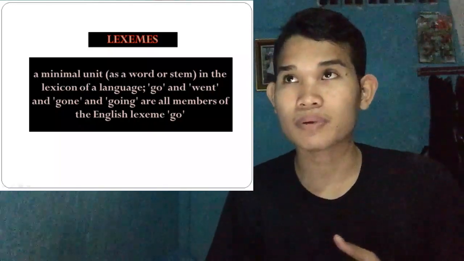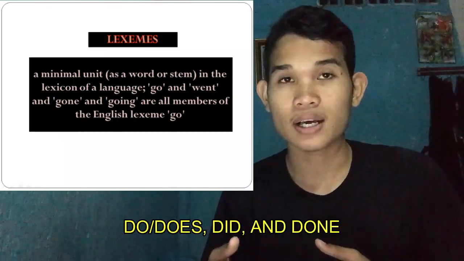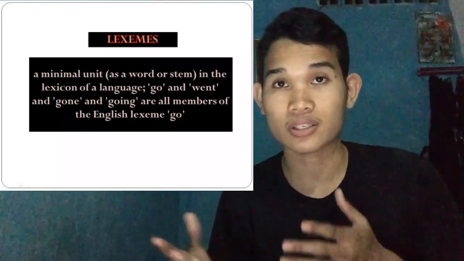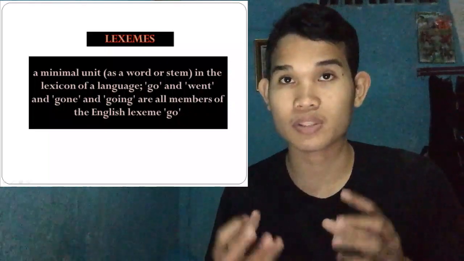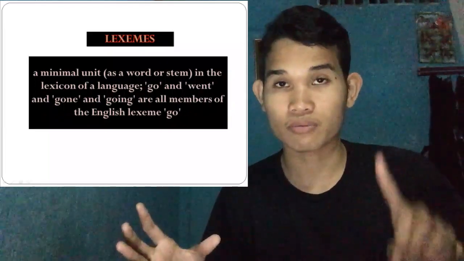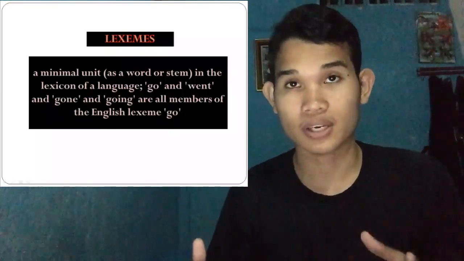For another example, do, does, did and also done. So we can say that a lexeme is about the changing of a verb from verb 1 to verb 2 and to verb 3. So yeah, that's it.